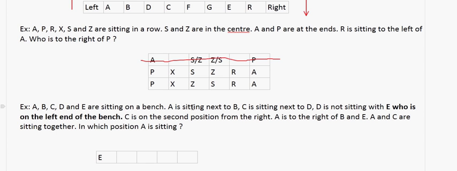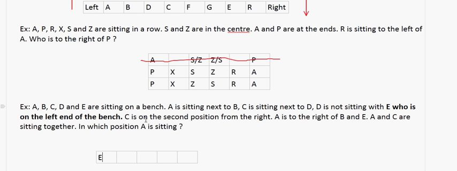We can only say that A and B are together, C and D are together, but we are unable to fix where A is, where B is, because we don't know. A can be on the first position, A can be on the second position, and with respect to A, B would be somewhere there, right? So E is on the left end of the bench is the most important statement till now.